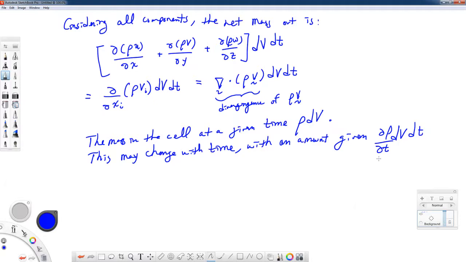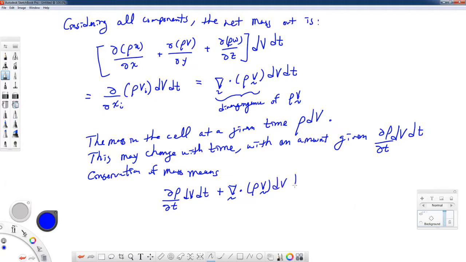Now, conservation of mass means that the divergence of rho v has to balance against this value. So partial derivative of rho with respect to time for that volume for a small bit of time, plus the divergence of rho times the velocity field, dV dt, has to be equal to 0.